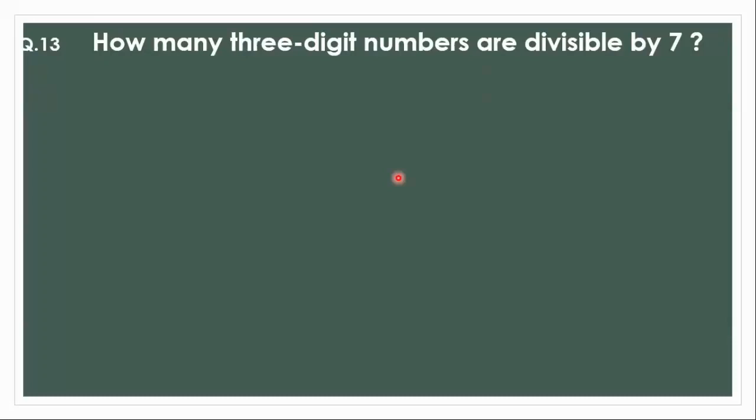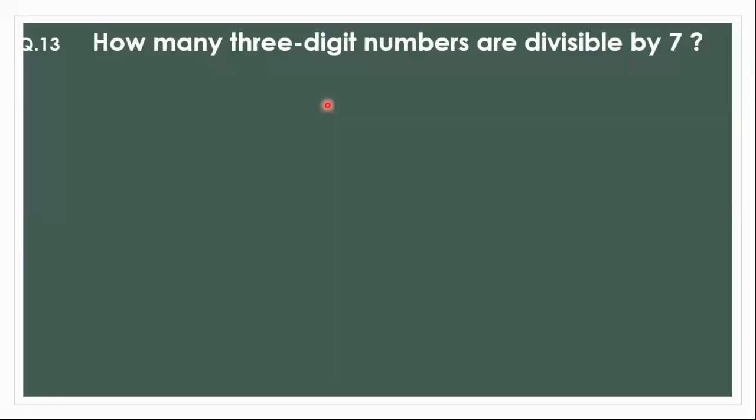So they are asking how many 3-digit numbers are there. So here we need to find the n value. The last term, An, we got is 994. Here 3 things we got: A value 105, D value 7, An value 994.